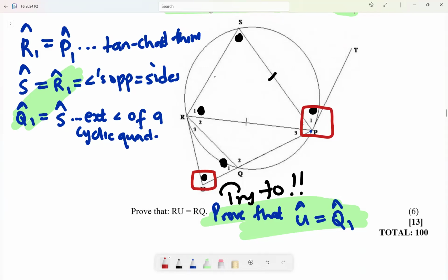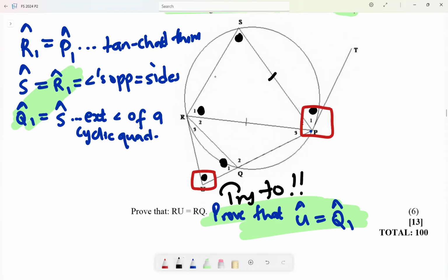We were given those. And look at what R1 is equal to.